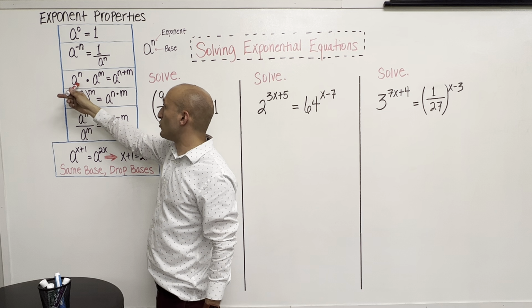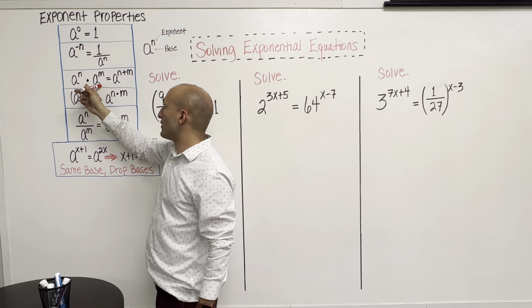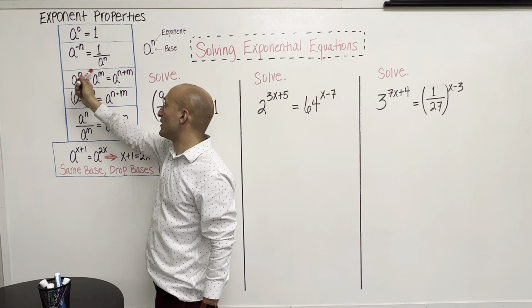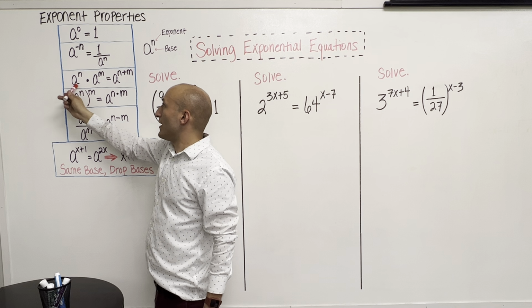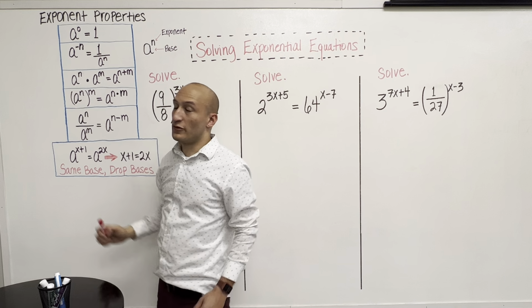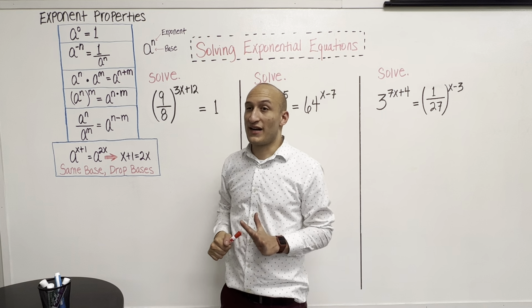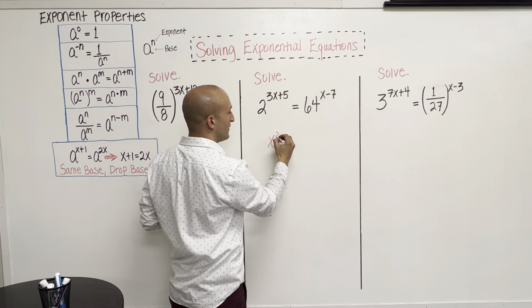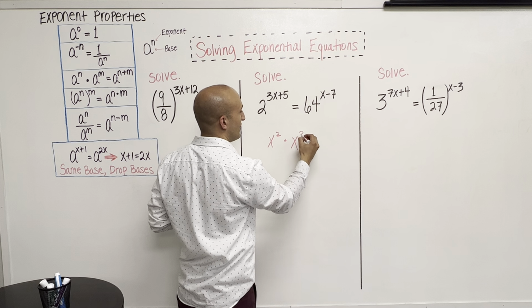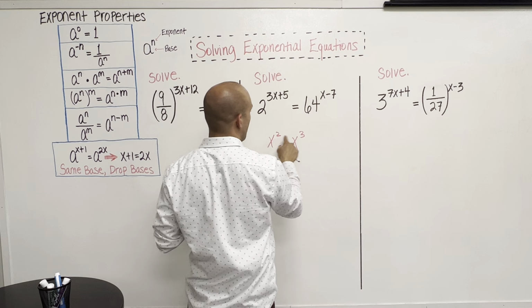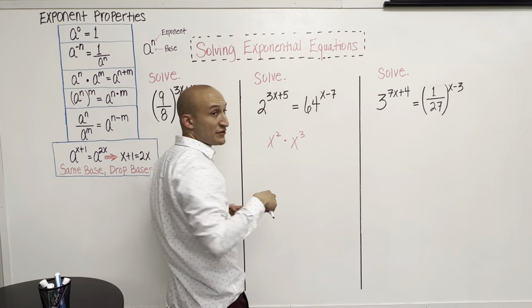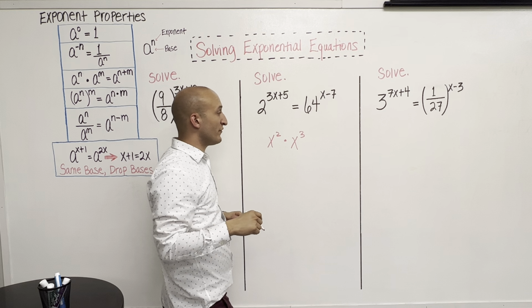Now, if I'm multiplying with exponents, I write a on both of them because they must be the same. So if I have x squared times x cubed, I have different exponents, m and n, that's why I choose different variables.